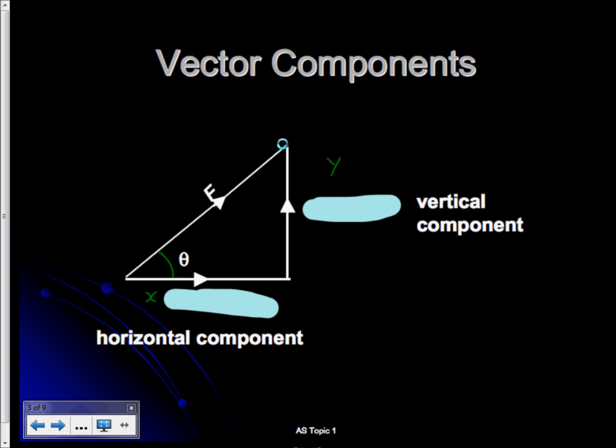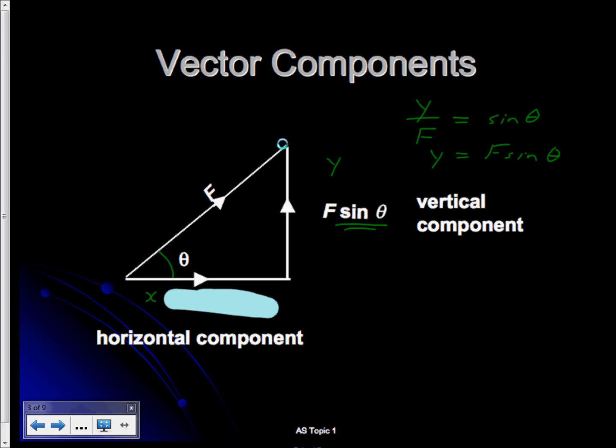So y divided by F is equal to the sine of theta. Therefore, that vertical component, when we rearrange this equation, gives us y equals F sine theta.